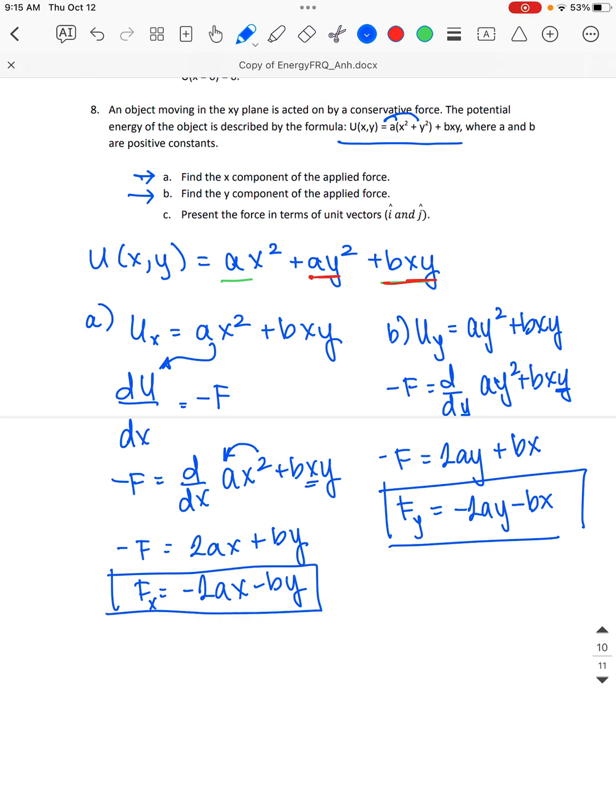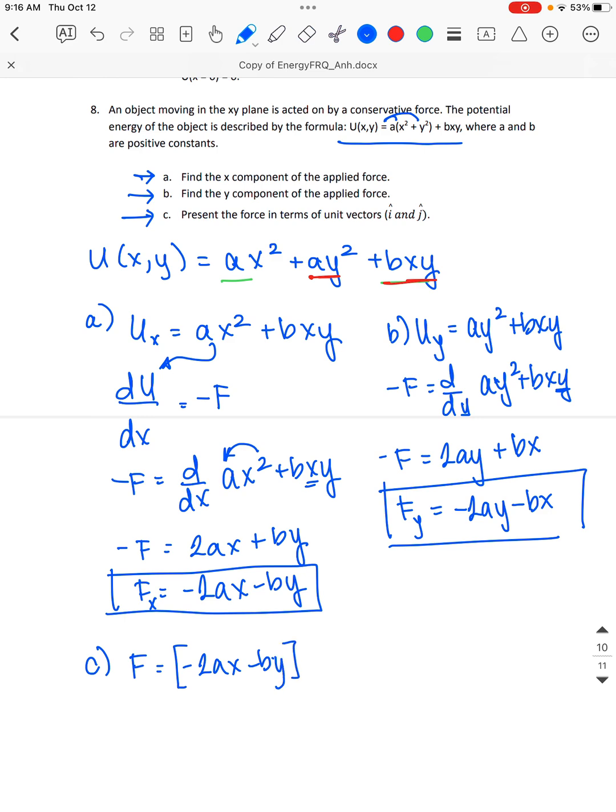Last but not least, it says to present the force in terms of unit vectors, and again, this is going to be important. I'm going to take my entire x expression, so my total f is equal to, and I like to put it in parentheses, negative 2ax minus by.